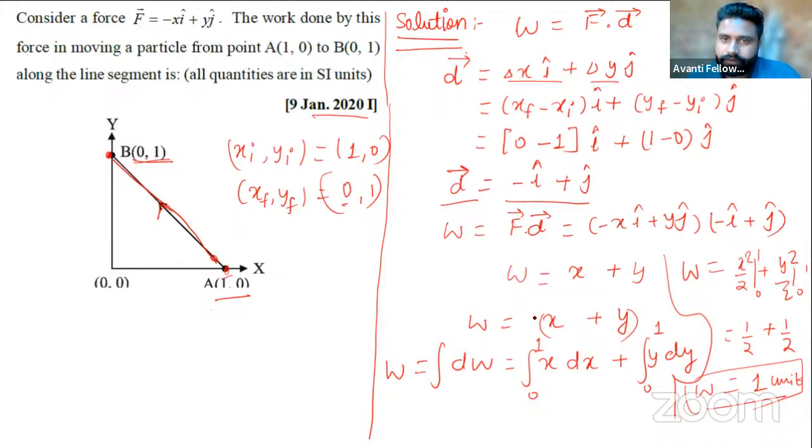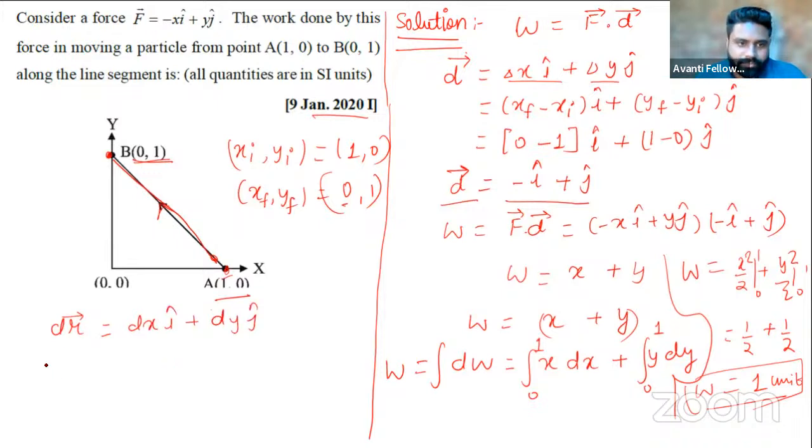This is the work. If you take the displacement vector as dr, it is dx i cap plus dy j cap.